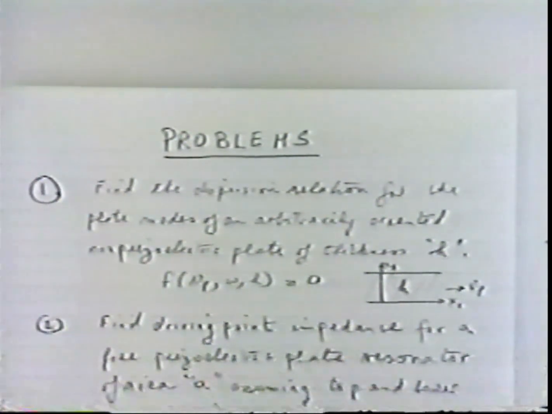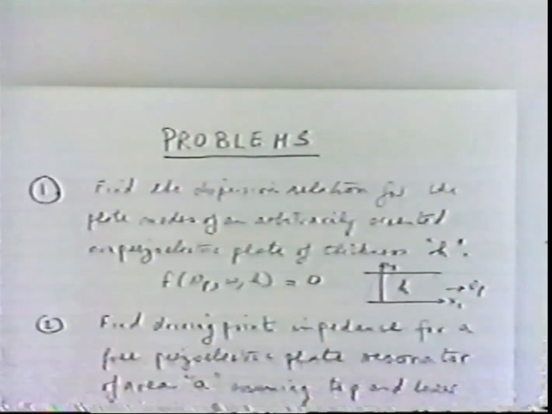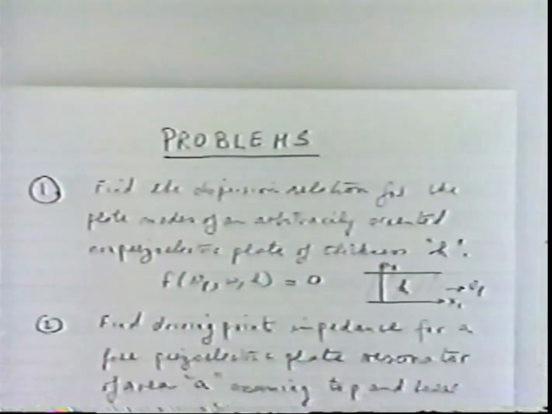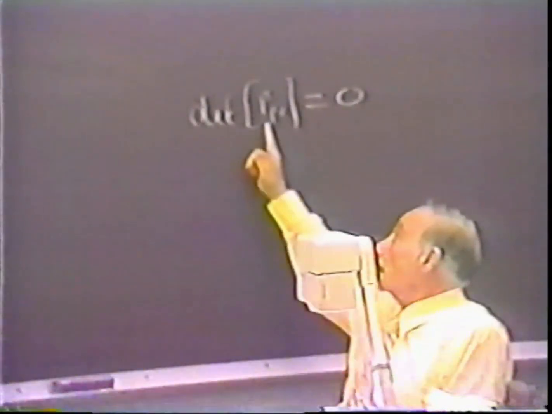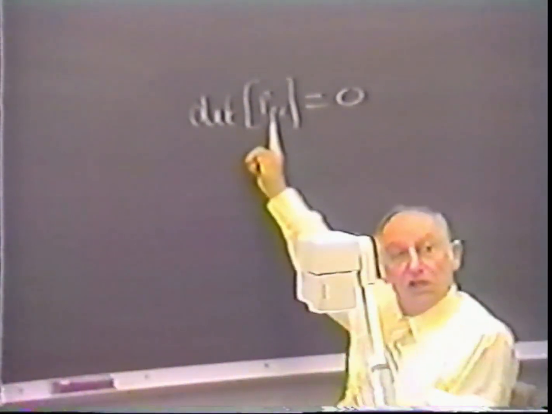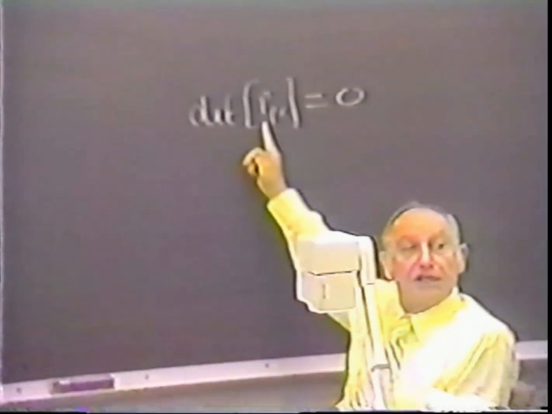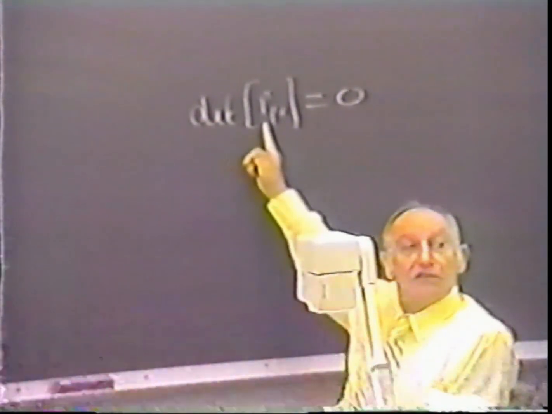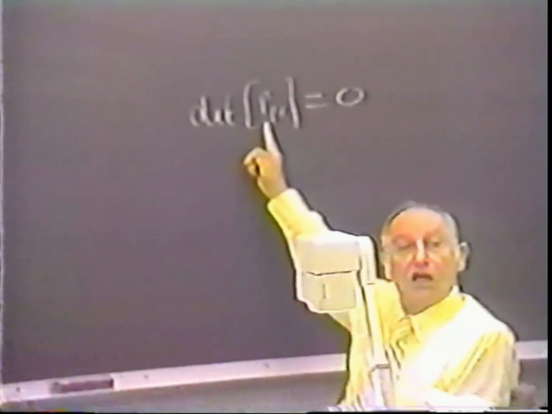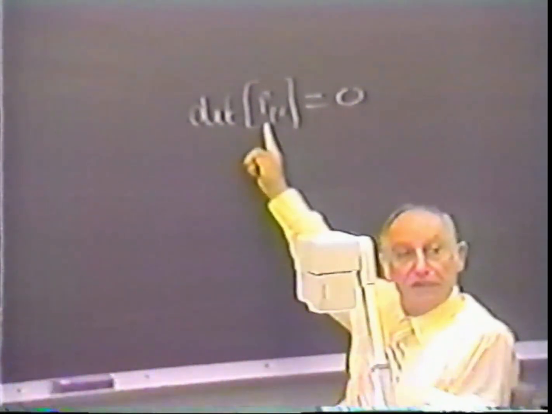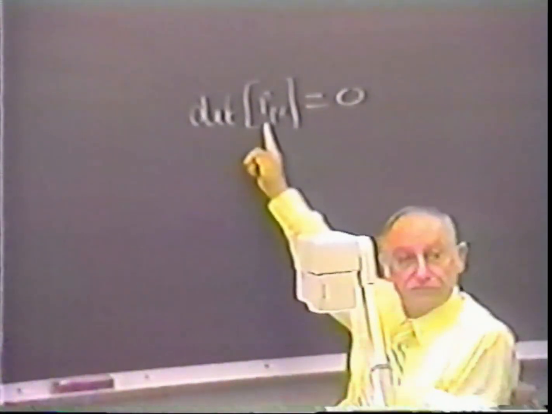Let me just briefly remind you that for the surface wave problem, we had the statement that this is equal to 0 was our dispersion relation. Okay, and P sub Pu was that part of the eigenvector matrix of the problem.